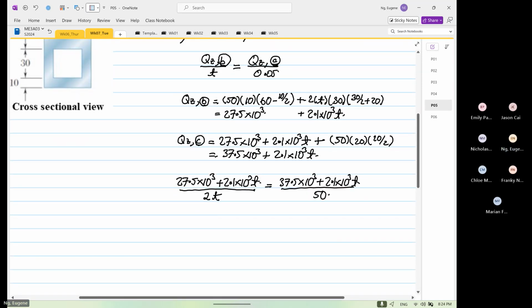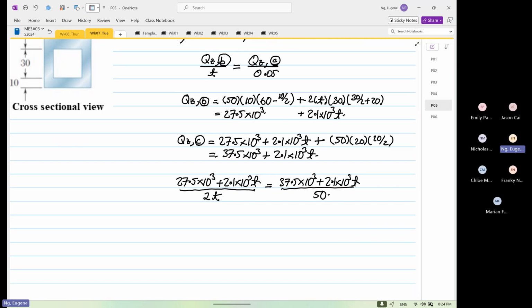Okay. So if you do cross multiplication, you will get 13.75 times 10 to the power 3 plus 1050t.